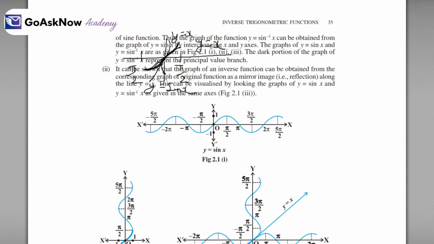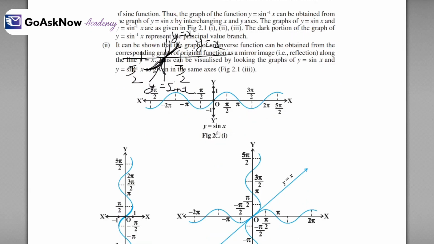So you have seen that the graph of sine inverse x is also drawn here. I will draw it separately to show how it has come. If I remove the sine x graph, the sine inverse graph comes like this only, like this and this. So this is the y equal to sine inverse x graph.